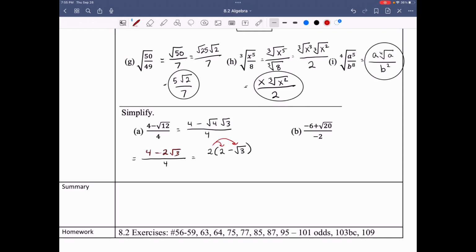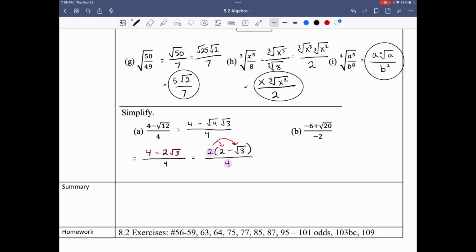Okay? And then, after we factor that out, we can have the 4 in the denominator. And the 2 and the 4 are factors because the 4 is not being multiplied by anything, but it's not being added either. The 2, we're not adding or subtracting it to anything, we're multiplying it. That's the only reason we can cancel these now. We could not cancel them back in the beginning.